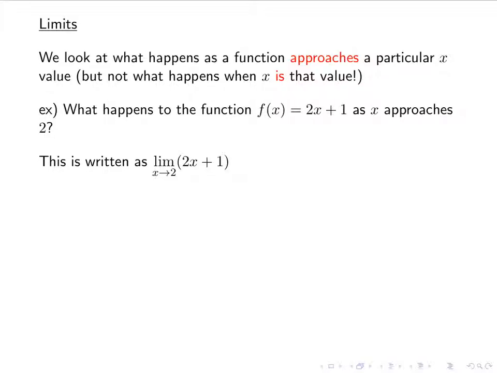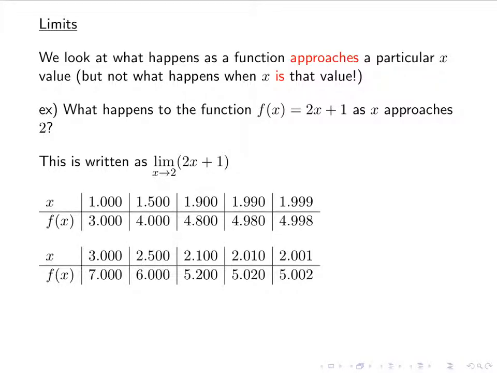So we don't know anything about limits yet, so if you don't know anything about what you're looking for, you should make a table. Just like if you don't know how to graph a function, make a table. So again, I want to know what happens to my function as x gets closer to 2, so I'm going to look at values that get closer and closer to 2. We're going to have 2 tables here because you can come to 2 from 2 different directions.